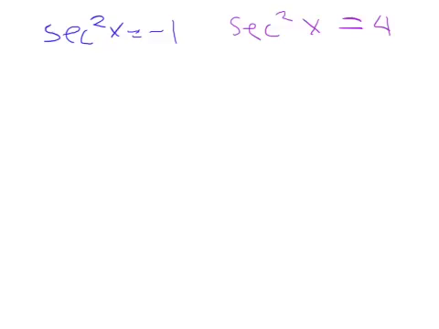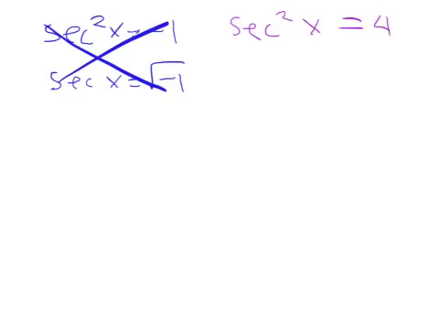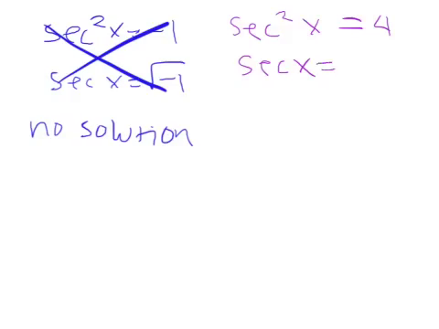So if you take the square root of both sides, you get secant of x is equal to radical negative 1, and there you get an imaginary answer. So that portion is going to have no solution. And then over here, when we take the square root, we get secant of x is equal to plus or minus 2.